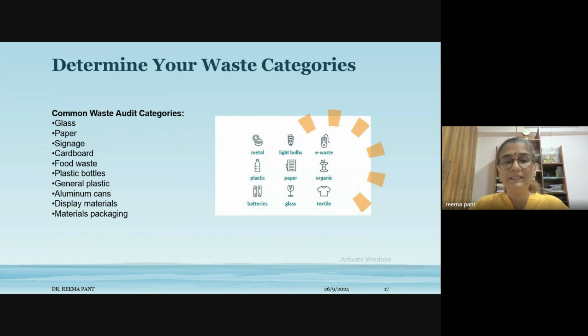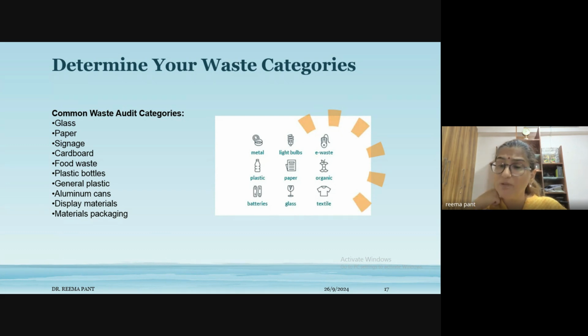So these are some common categories of waste, and maybe you can take 1 minute and look at it and see what all are the categories that fall into your educational institution and how much is there. Most likely, it could be some display material once you've had a workshop or something, or it could be packaging material, maybe some paper, plastic.